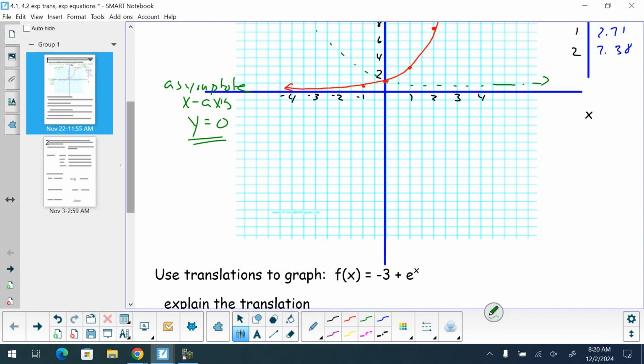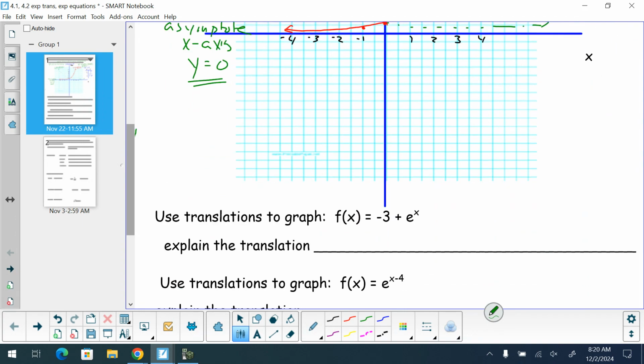Well, we can start taking a look at translations. And we worked with horizontal and vertical translations in previous sections. If we take a look at our same values here, we have y equals -3 plus e to the x.